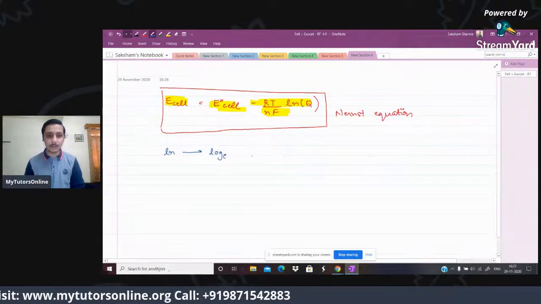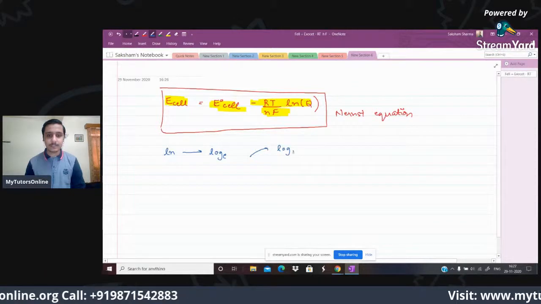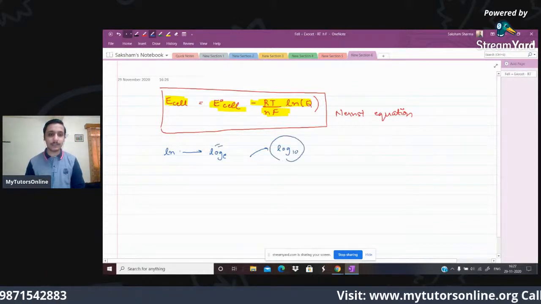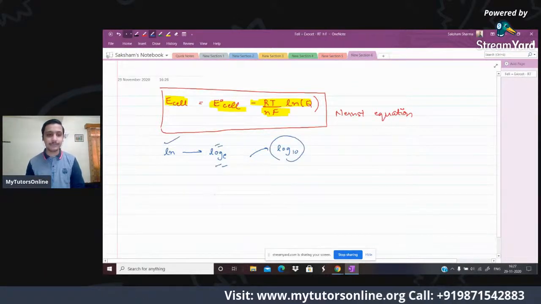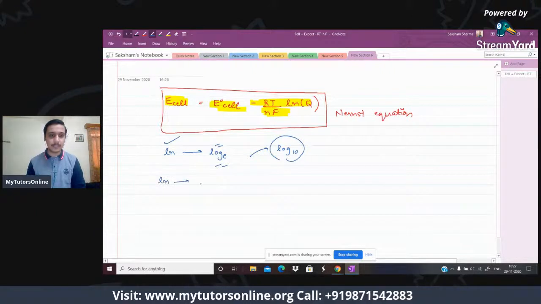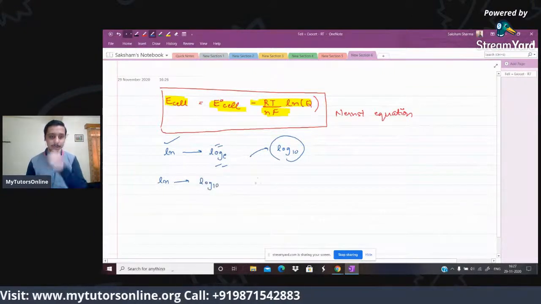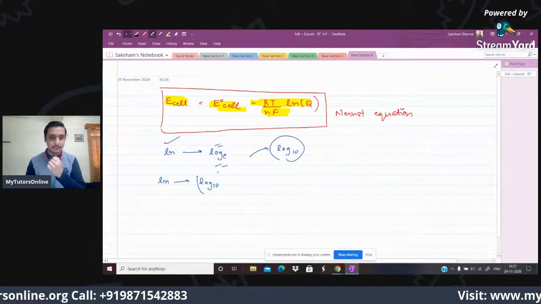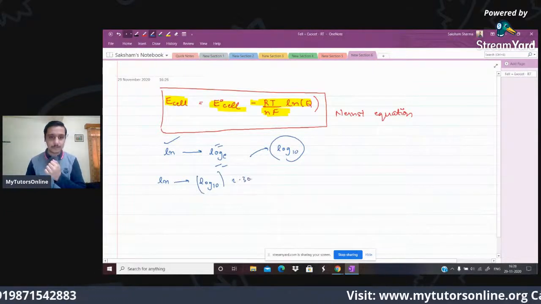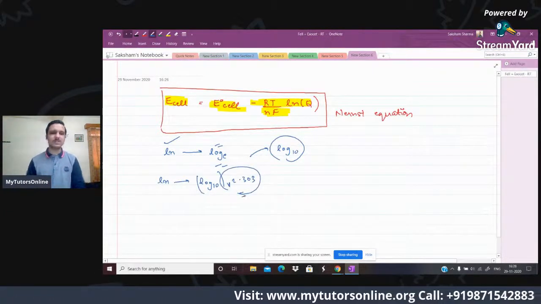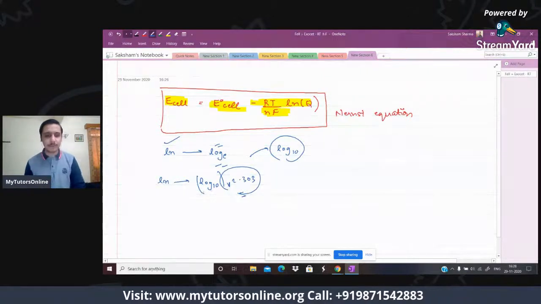Generally when we talk about log, we have log base 10, but here ln represents log base e. To convert ln to log base 10, you have to multiply by 2.303. This is a mathematical expression you have to remember.